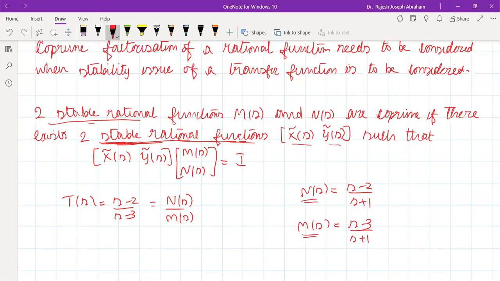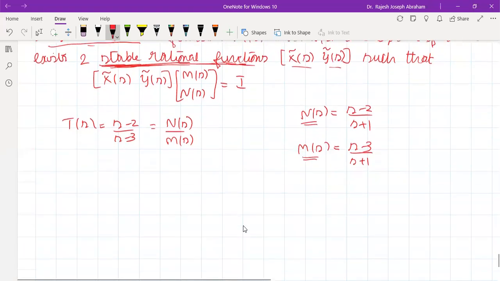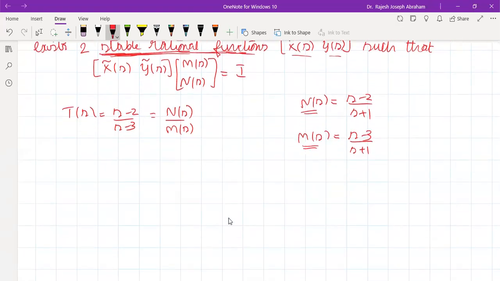So we were able to find two stable rational functions so that this identity holds good. Are you getting me? So the actual unstable transfer function has now been converted into two stable co-prime factors, n of s and m of s.